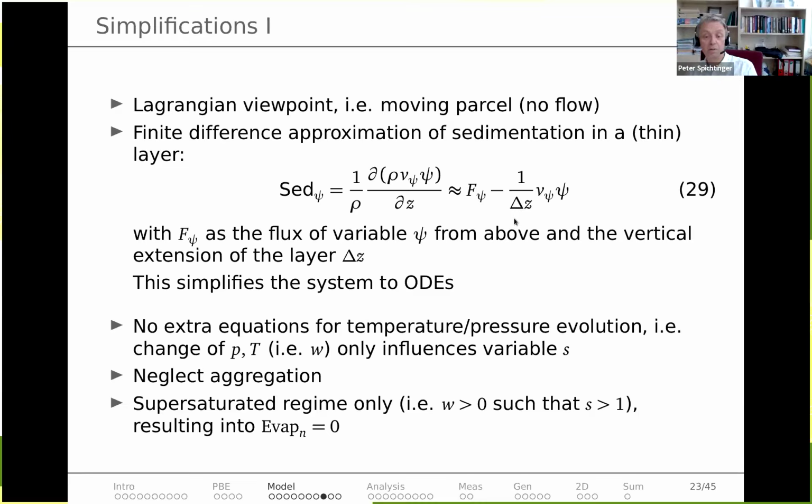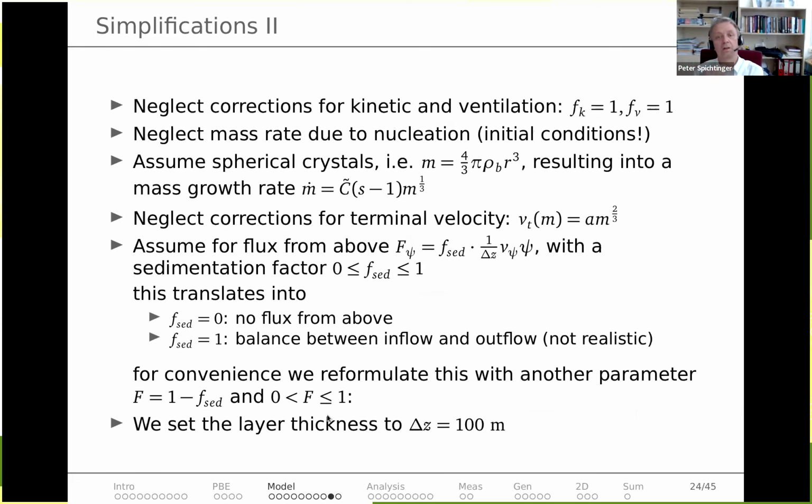We have no extra equation for temperature and pressure. We just have a constant pressure and temperature. We neglect the aggregation and we have a supersaturation regime only. So we have just an upward motion and no evaporation. And so on. So still we want to have it more simple.